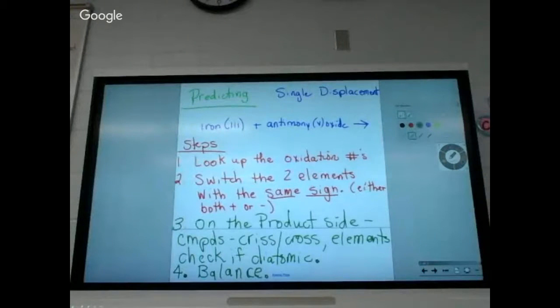Check it, diatomic, balance, crisscross. Good, diatomic. All right, you caught up? Everybody? All right.